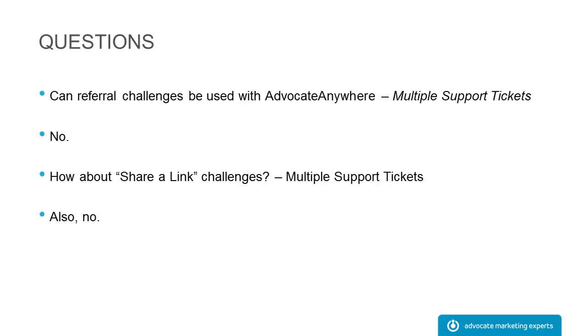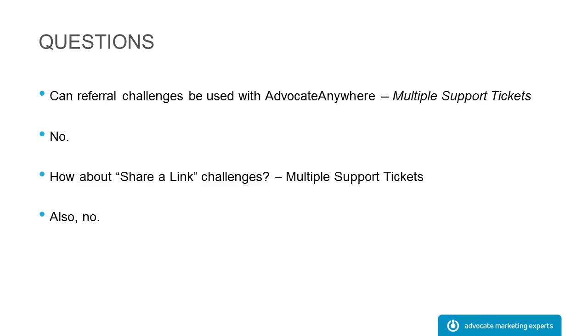I do have another question that a few people have asked. Can referral challenges be used in AdvocateAnywhere? And can share a link challenges be used in AdvocateAnywhere? Both of these are restrictions of AdvocateAnywhere. These two types of challenges cannot be used.